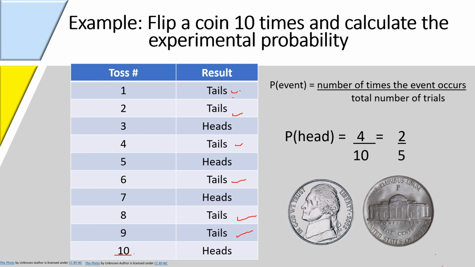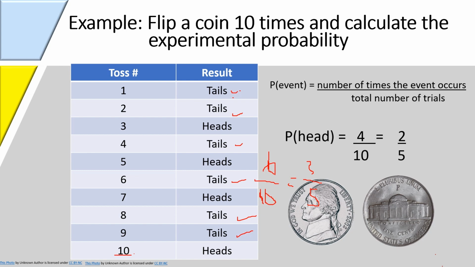So the probability of getting a tail would then be 6 over 10. And if we reduce that, divide both top and bottom by 2, we get 3/5, which means 3 out of 5 times when you flip a coin 10 times, you're going to get tails.